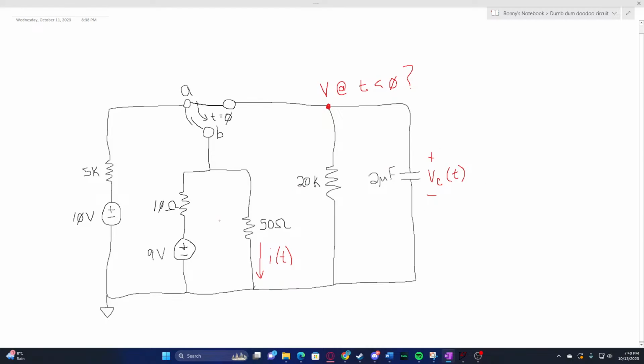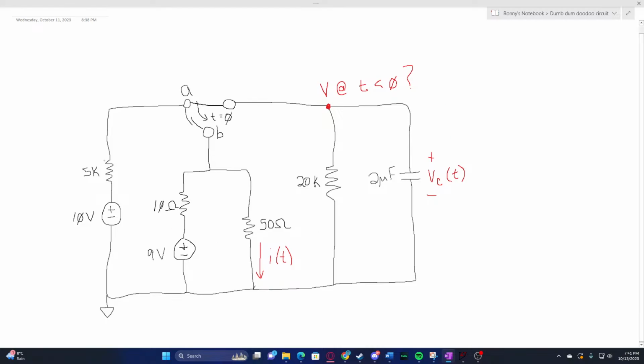So in my mind, I'd be thinking that you have 10 volts in series with a 5k ohm resistor. This travels along this node and skips past this. This is not connected at all before t equals 0, so this connects along here. So you have a 5k in series with a 20k and a 2 microfarad capacitor that are in parallel with each other. So you have a voltage divider.